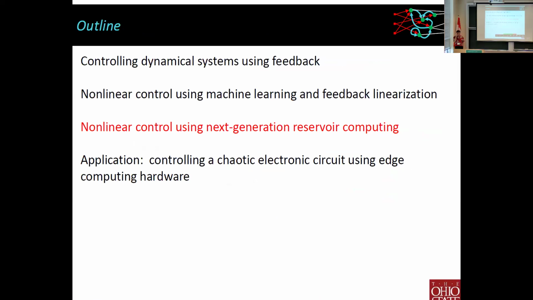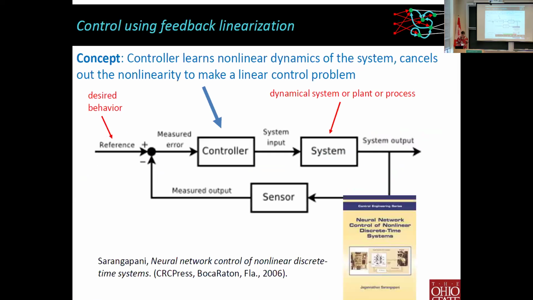Okay, so how can we bring machine learning into this? And I'll do this brief introduction to next generation reservoir computing. We're going to plug that into one of these feedback controllers. And the idea is that I'm going to use a specific type of feedback control that's known as feedback linearization.